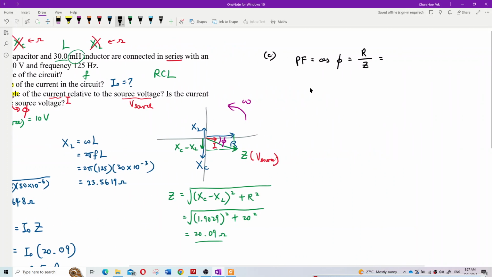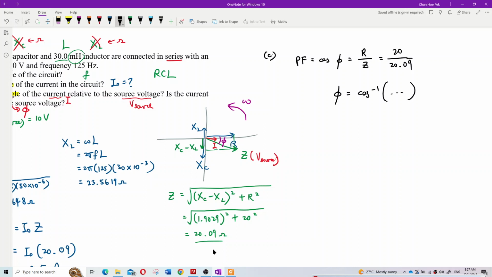20 over what is the Z? Z is 20.09. Then I need to do anti-cos of the answer.